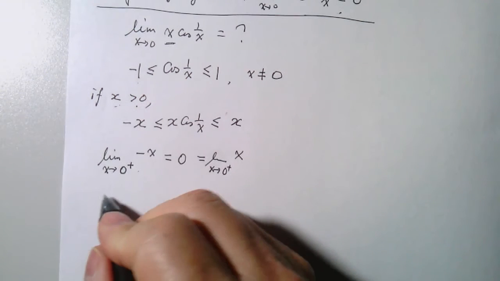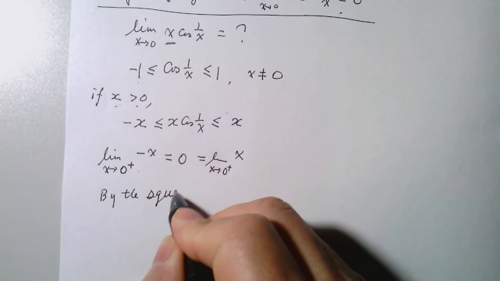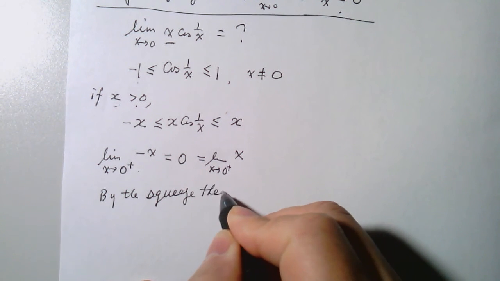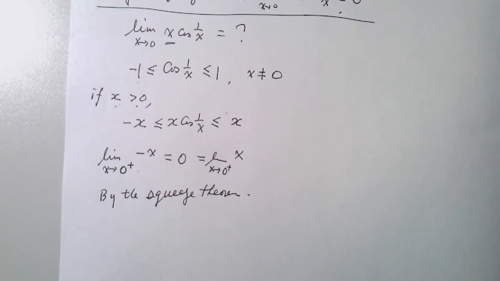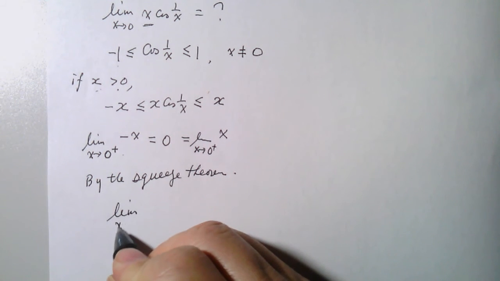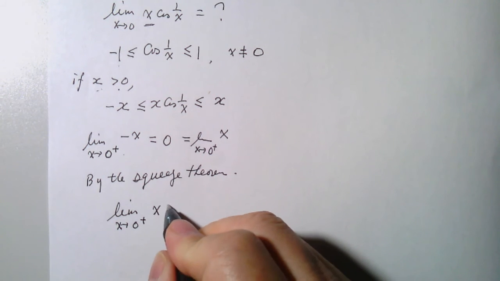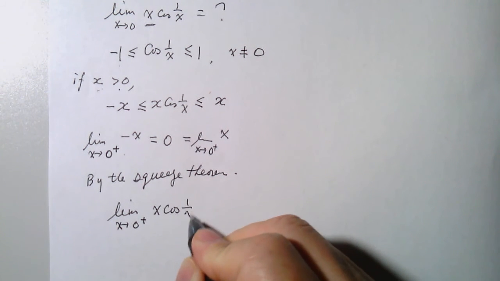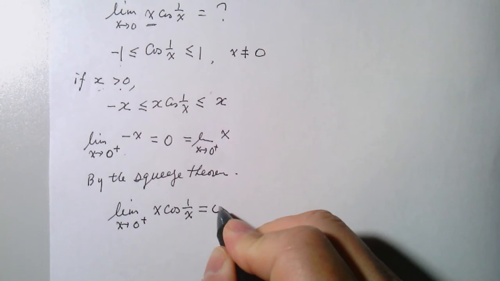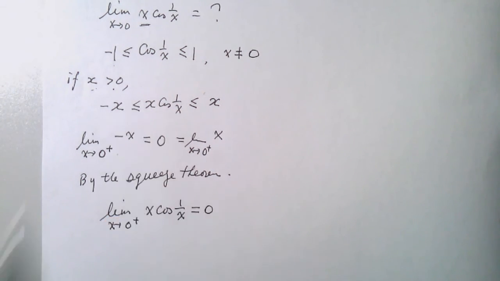So by the Squeeze theorem, the limit as x approaches 0 from the right of x cosine 1 over x equals 0. That's from the right side, when x is greater than 0.